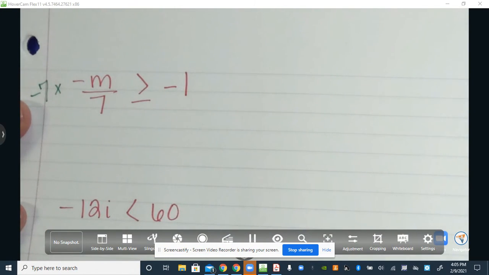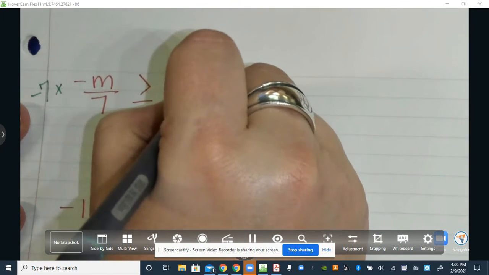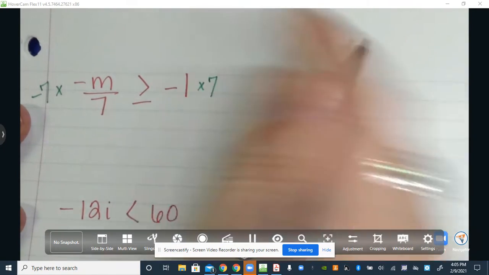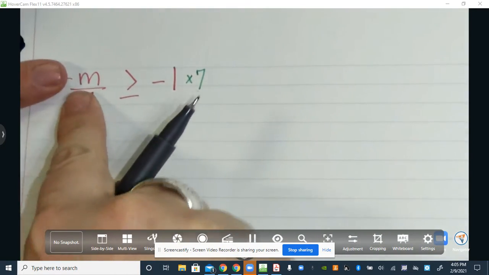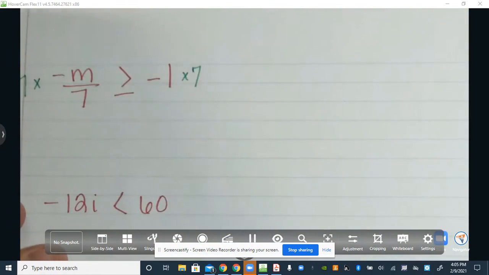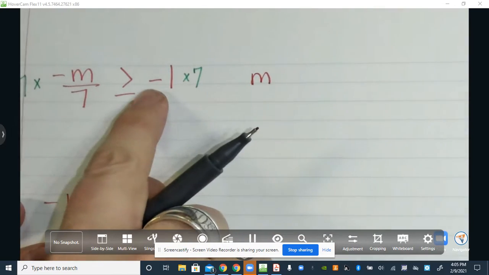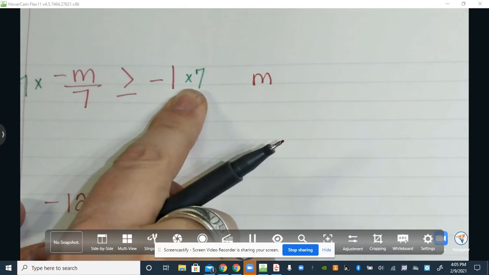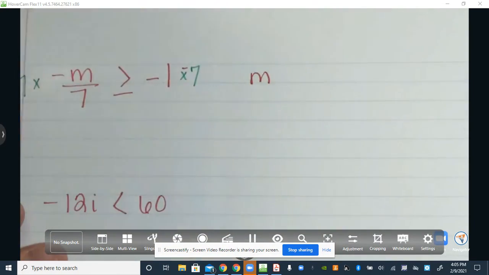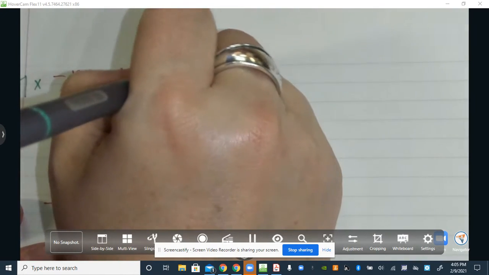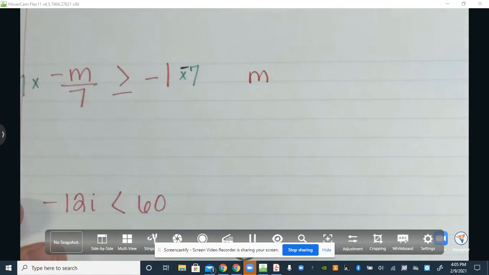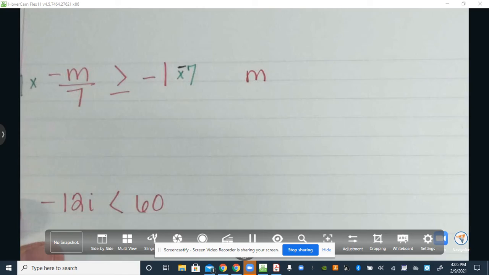So if I multiply by negative 7 on that side, I need to multiply by negative 7 on this side, so this cancels out, leaving me with M, and then negative 1 times negative 7 gives me a positive 7.